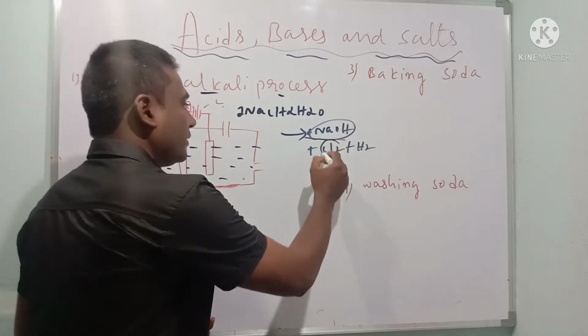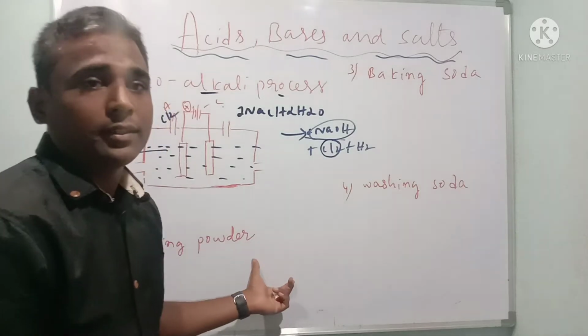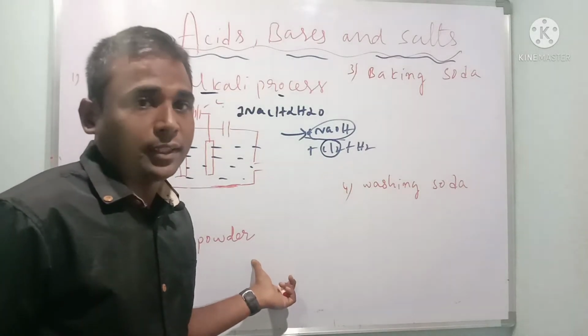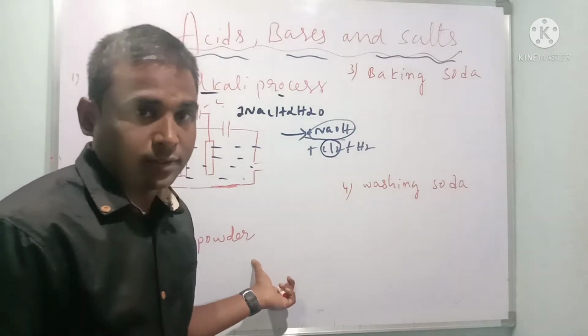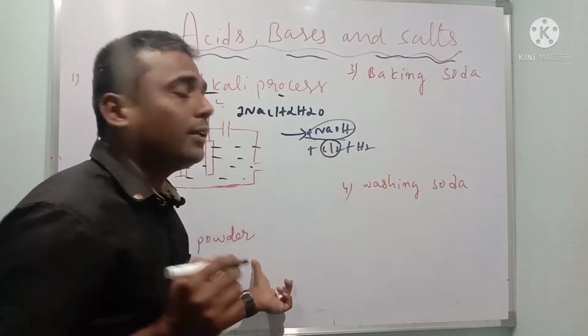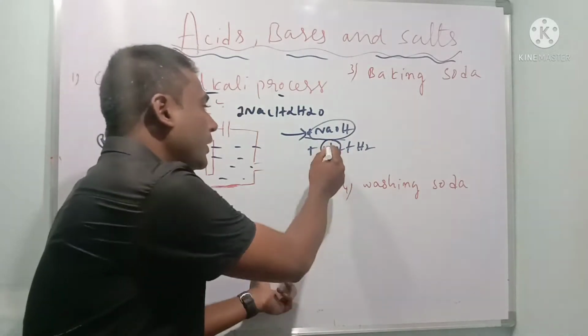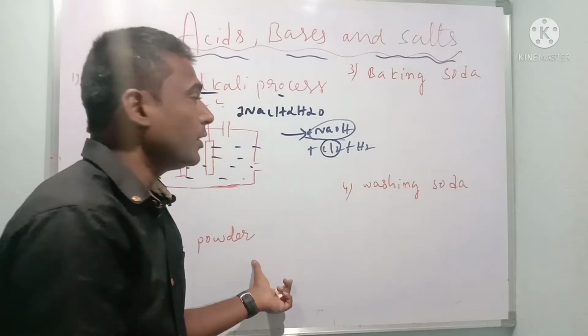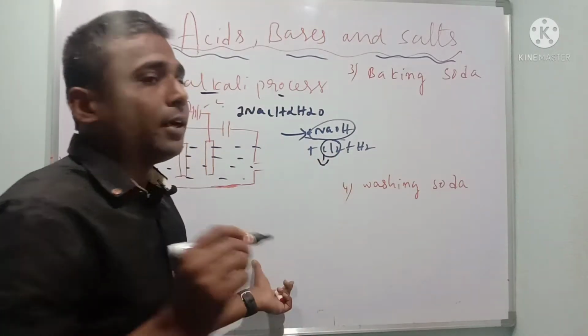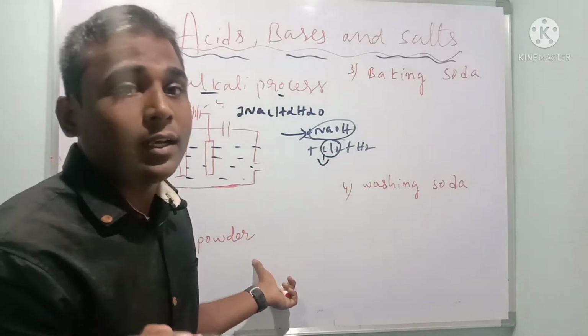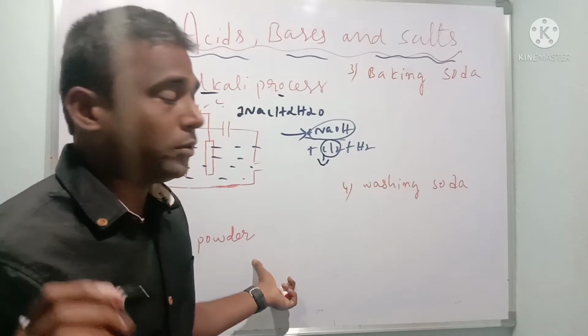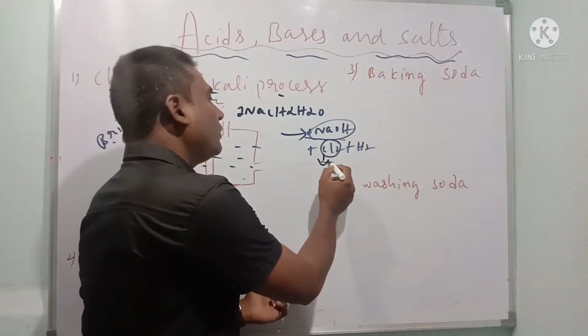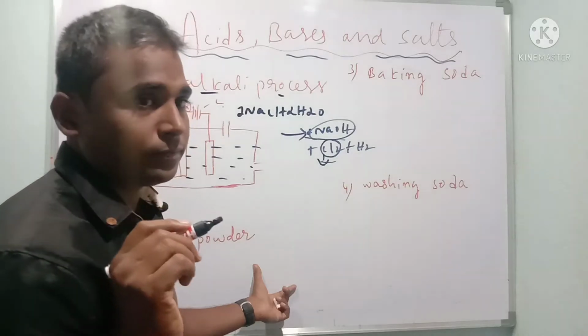Chlorine gas is used for cleaning purposes, in water treatment, in swimming pools, in pesticides, and also in polyvinyl chloride preparation. This is all about the uses of chlorine.